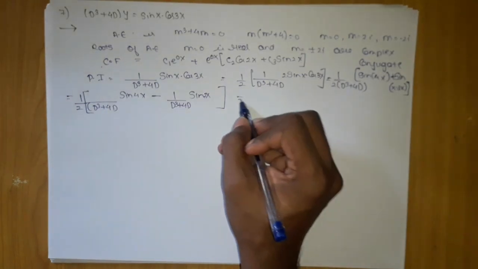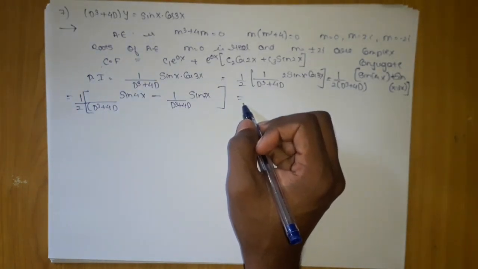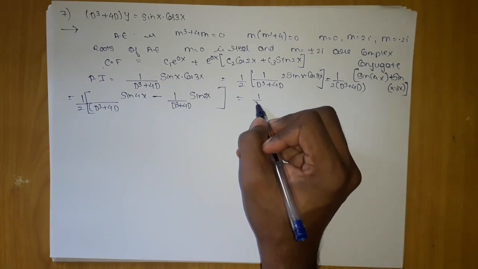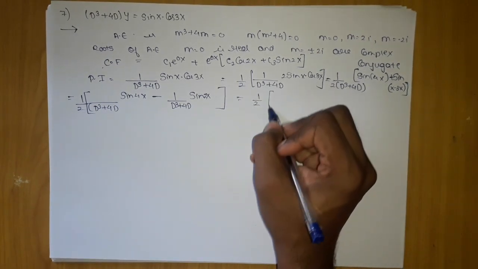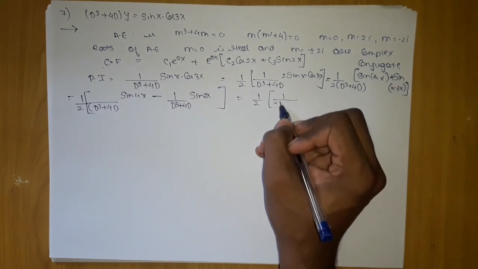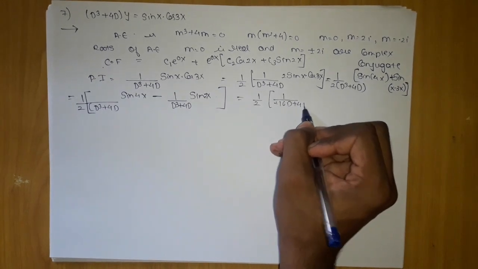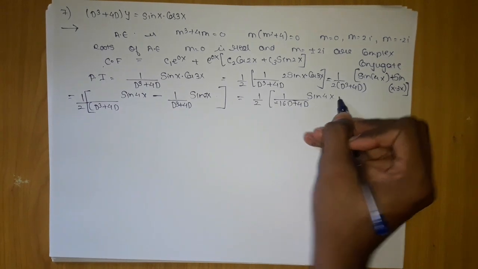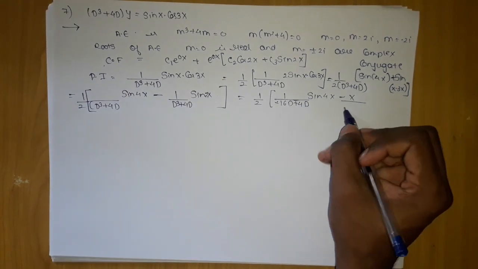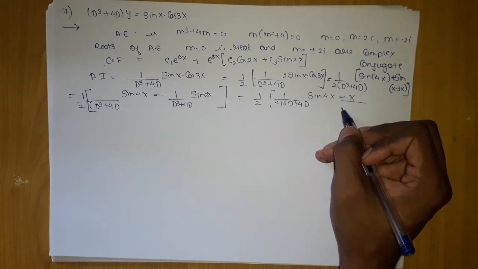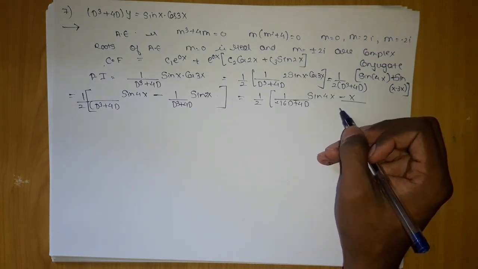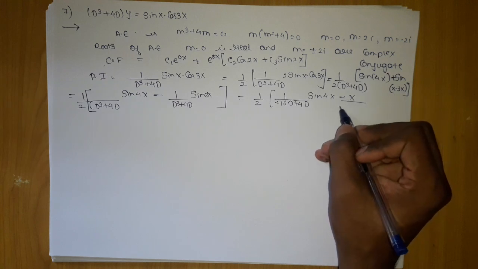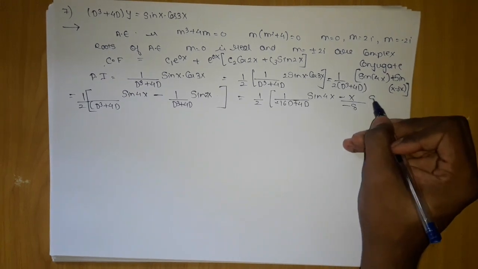If we solve this, replace d square by minus a square. What we are going to be left with is 1 by 2. This will be what, nothing but 1 by minus 16d plus 4d into sin 4x minus x upon minus 3 square, which will give me minus 2 square into 3, which will be minus 4 into 3, which will finally give me minus 8 into sin 2x.